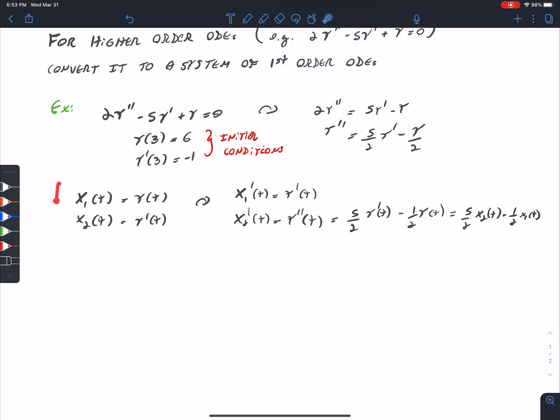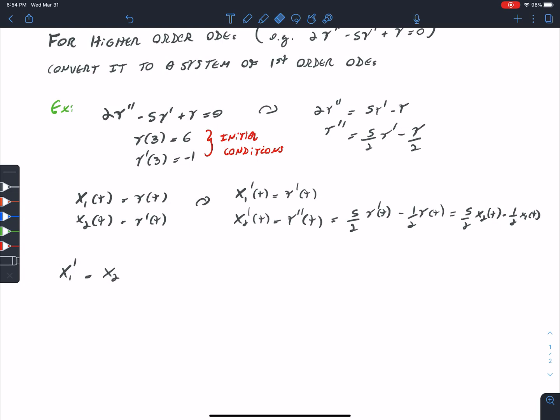Let's write this down explicitly, where we have x1 prime, which will be equal to x2, right? Because x1 prime is y prime, but we already declared y prime to be x2, so I'm just plugging this in here.